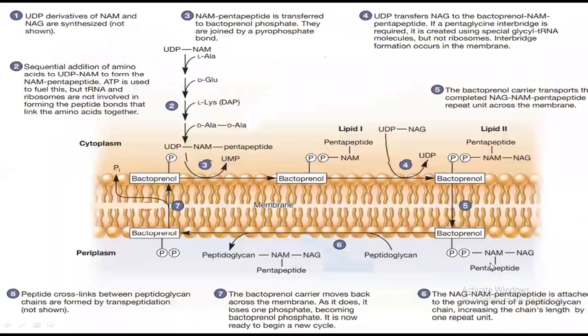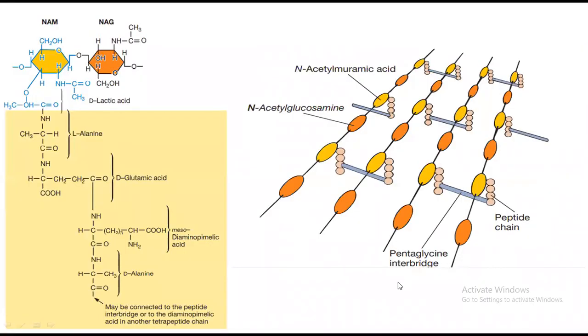If I show you here, this is the pentaglycine interbridge. It is also known as the peptide interbridge. So it has to make an interbridge between these layers. Why are they making it? To stabilize the peptidoglycan layer and to give strength to the peptidoglycan layer.